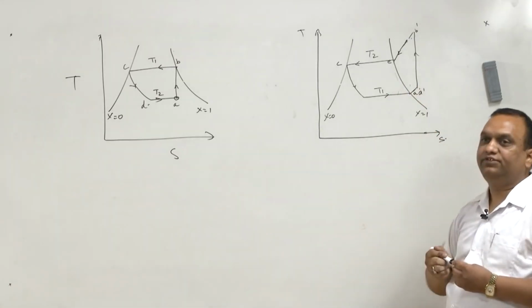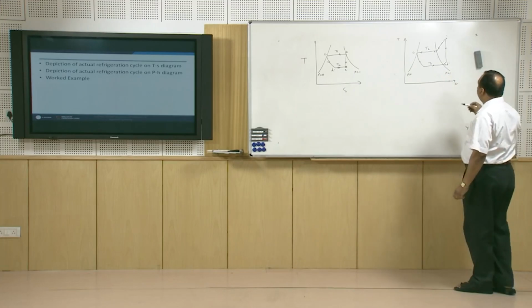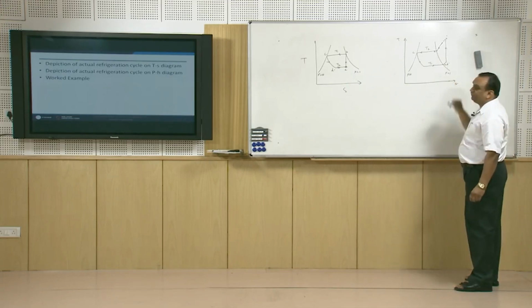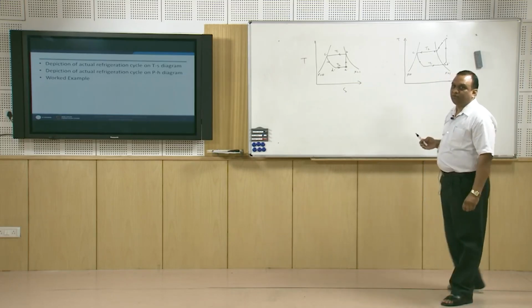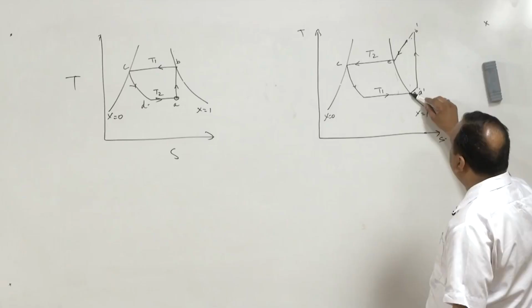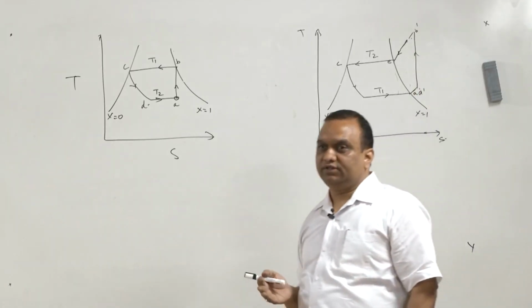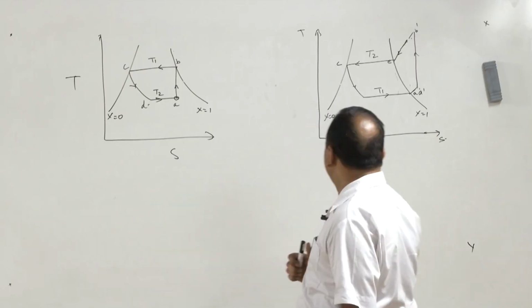It depends upon the thermophysical properties of refrigerants. Some of the refrigerants, when they have wet compression, their COP is maximum, for example, ammonia or R22. Some of the refrigerants, when they are slightly superheated or saturated, their COP is maximum, for example, R134a or isobutane or propane.